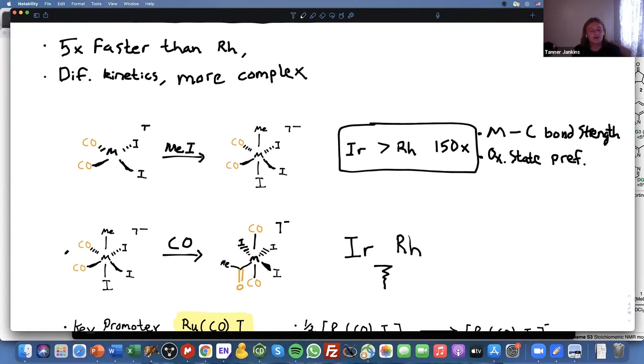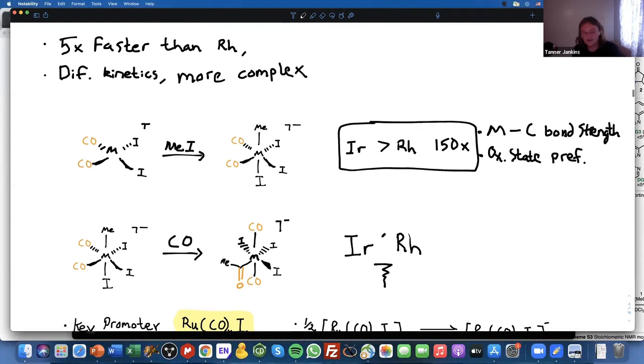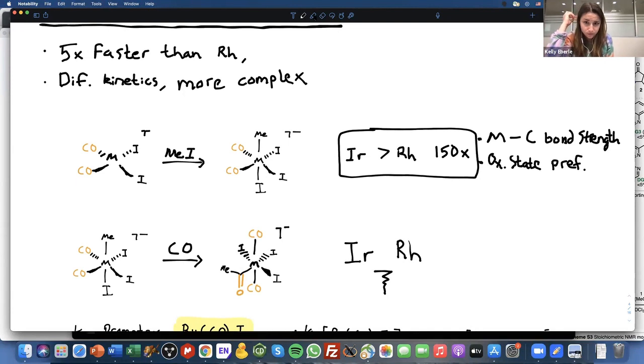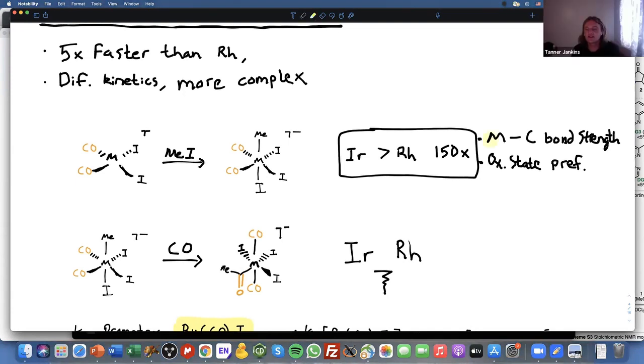However, now that we have this anionic rhodium or iridium methyl complex, we need to undergo the key CO migratory insertion step. Kelly, do you want to help me out as to whether you think iridium or rhodium will be faster at this process? Using these findings here, how would you rationalize which one is faster?